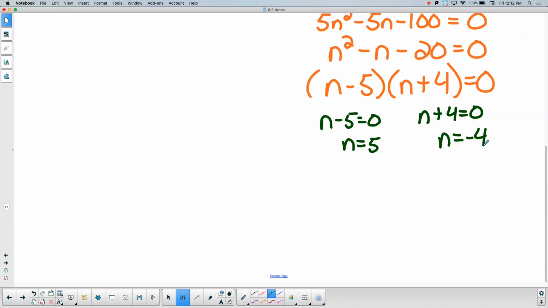Right? What's my answer? When you put it back in, check back into the equation. I think it would just be 5. Why? Because aren't you just looking for the number of terms? And you can't have a negative number of terms, can I? That's impossible. So just do 5.